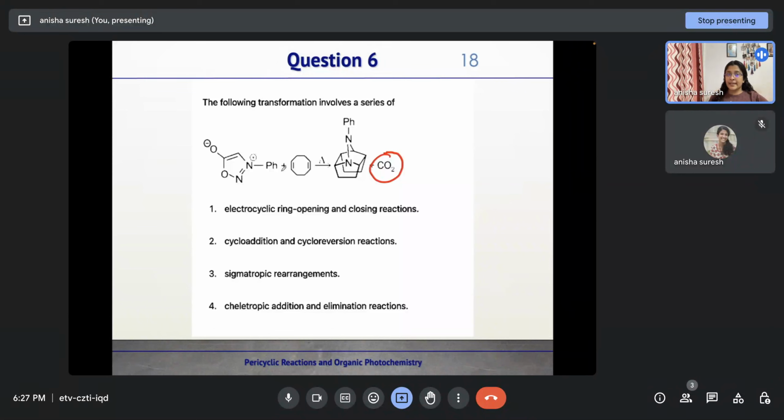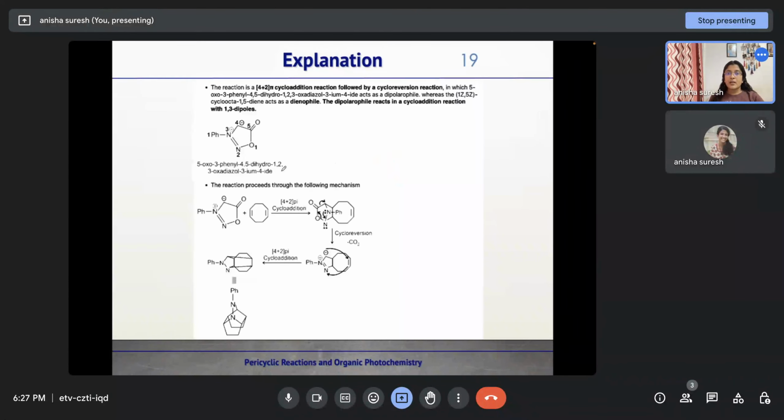So we will see the mechanism of the reaction and conclude what is the sequence of reactions taking place here. So we can see this is the 1,3 dipole that will be participating in the 4 plus 2 cycloaddition reaction, 4 plus 2 based on the number of electrons. If we consider the number of atoms taking part, it is called a 3 plus 2 cycloaddition reaction. So the reaction proceeds through the following mechanism.